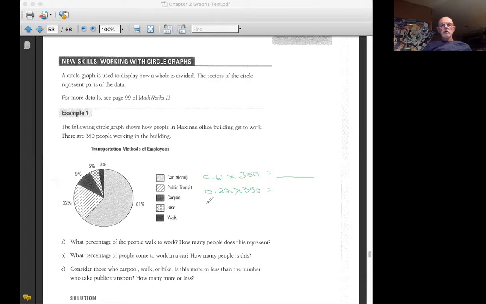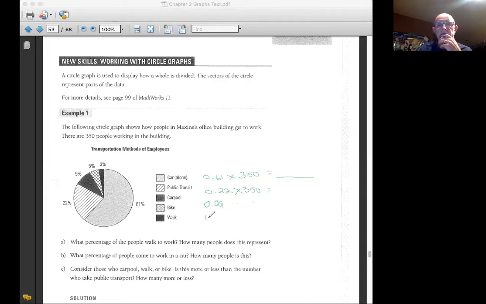Carpool. Oh, this is hard because it's so close. I think they said that carpool was the 9%. So that's going to be 0.09. And again, times 350.